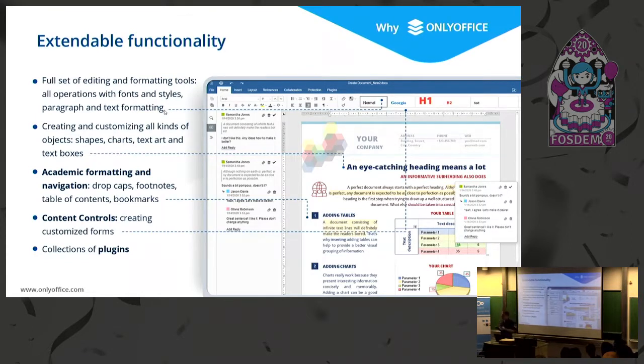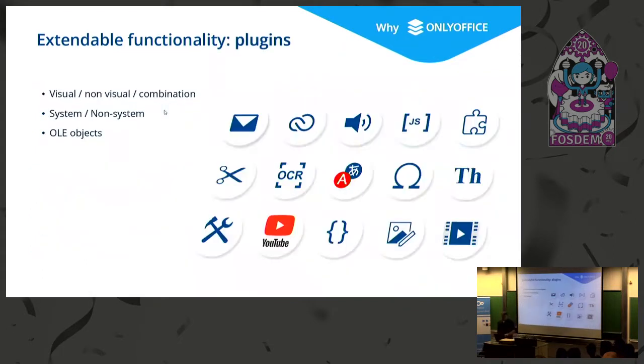So here you are able to use different features like standard features, table of contents, content controls, bookmarks, and many other features. And what's very important, JavaScript allows you to enhance additional features to the editors using our API and our plugins.